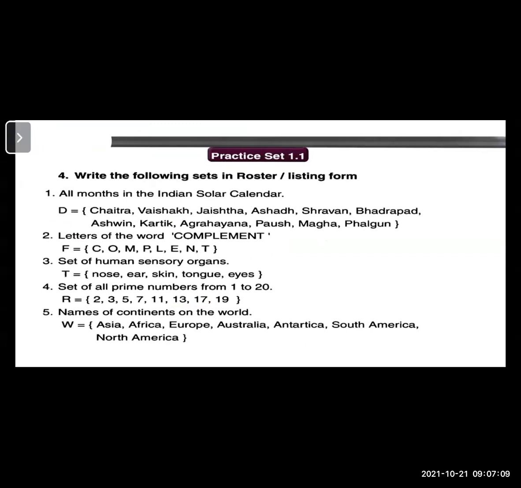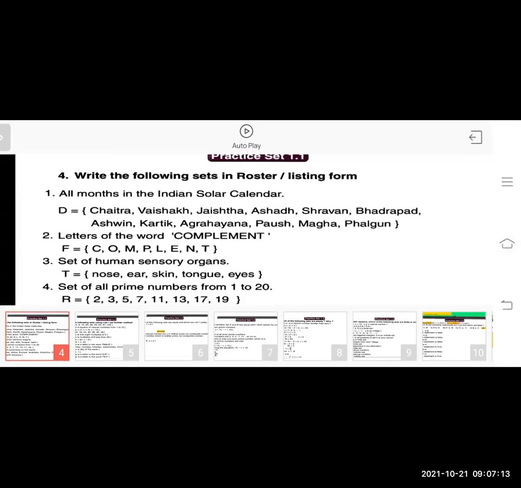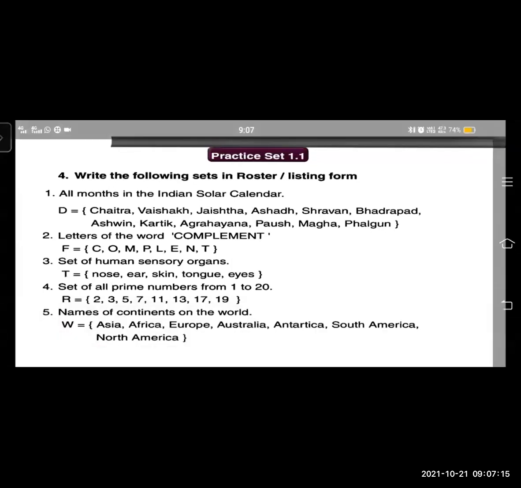Write the following sets in roster listing form. All months in the solar calendar. B is equal to Chaitra, Vaishak, Jyeshta, Ashad, Shravan, Bhadrapad, Ashwin, Kartik, Agrayana, Paush, Magh, Falgun. These 12 months you have to learn.